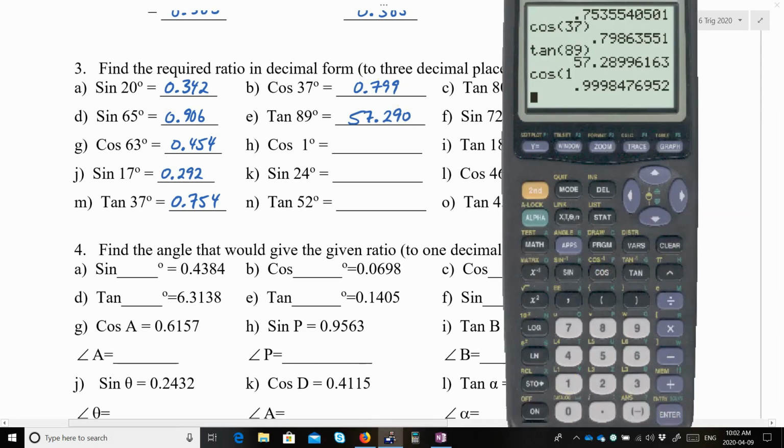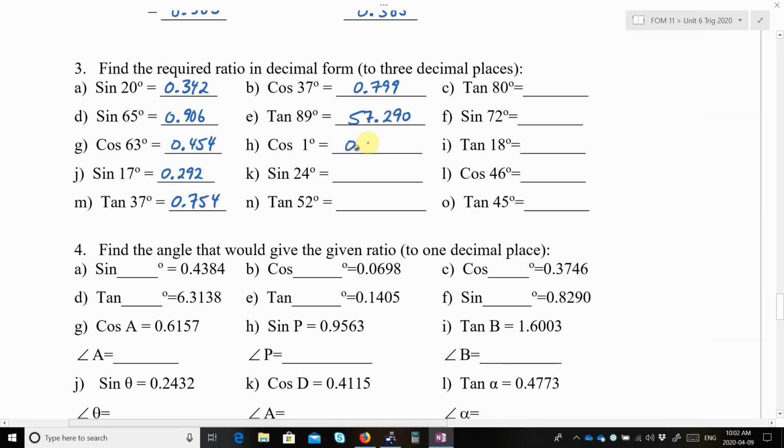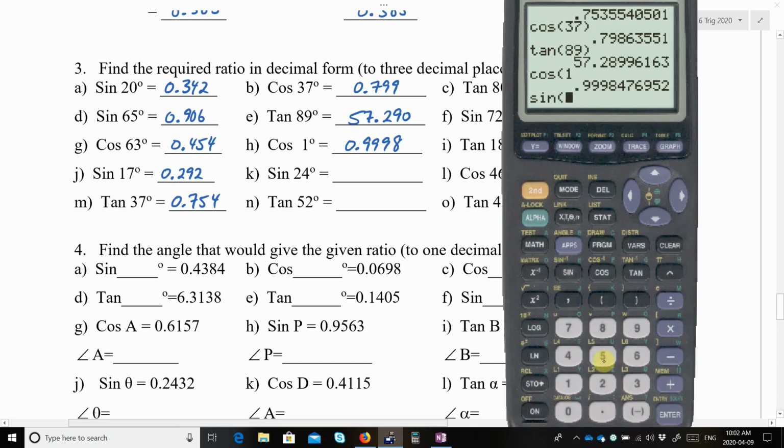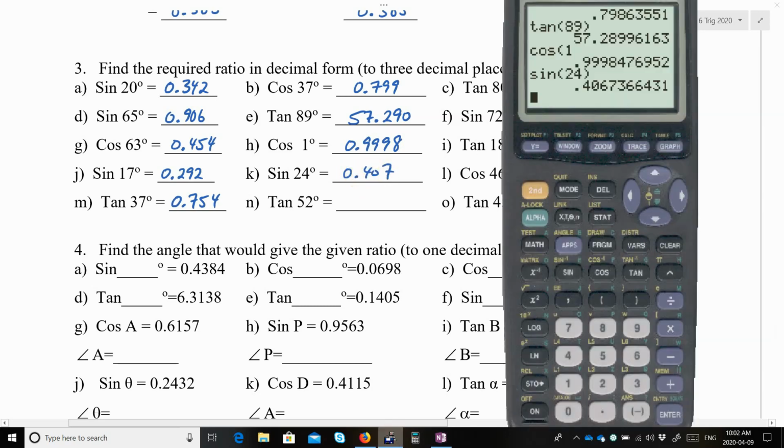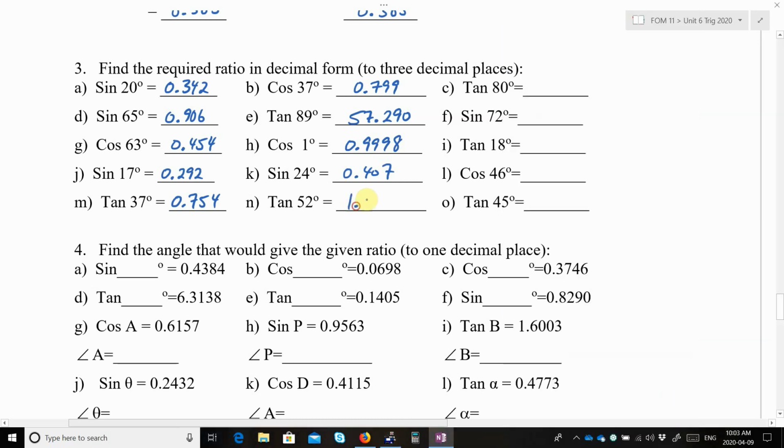Cos of 1 degree is 0.9998, let's say. Sine of 24 is 0.407. Tan 52, 1.280.